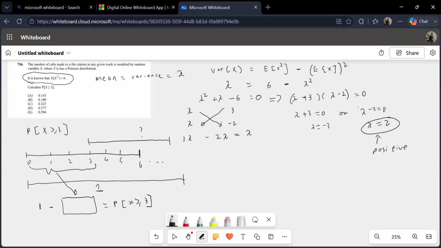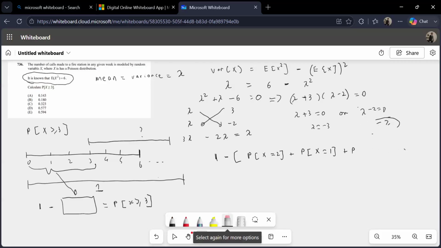Okay, so to do that, all we need to do is take the complement. So 1 minus the probability that X is equal to 2, plus the probability that X is equal to 1, plus the probability that X is equal to 0.